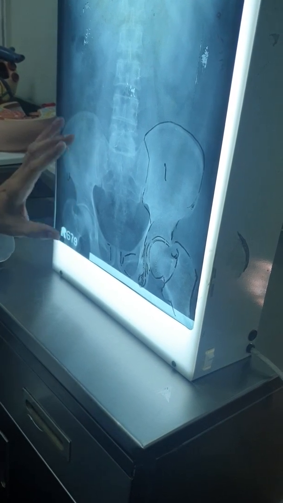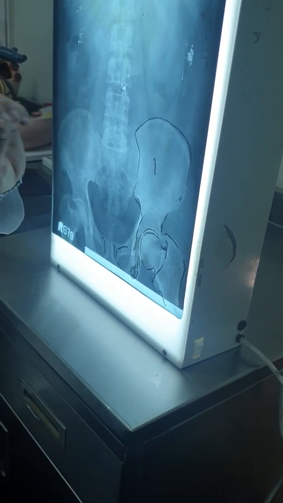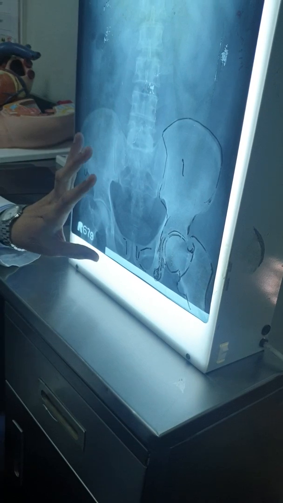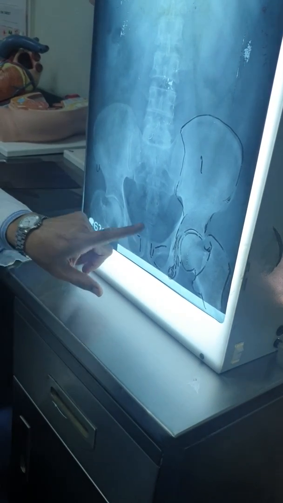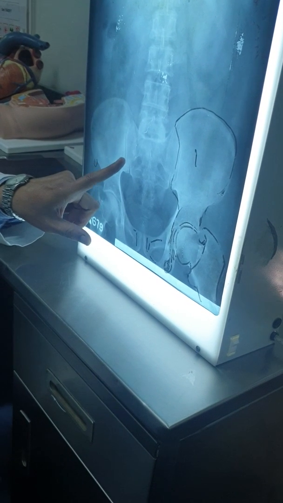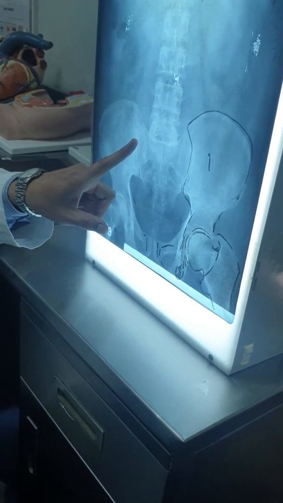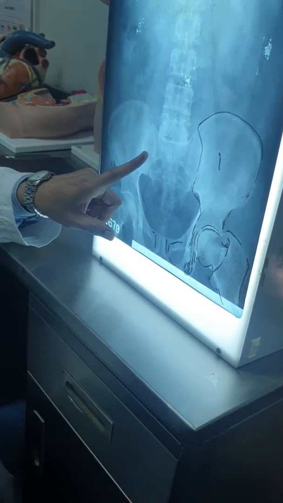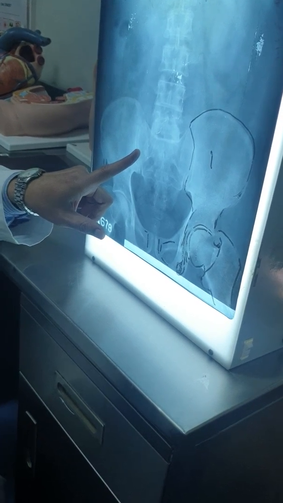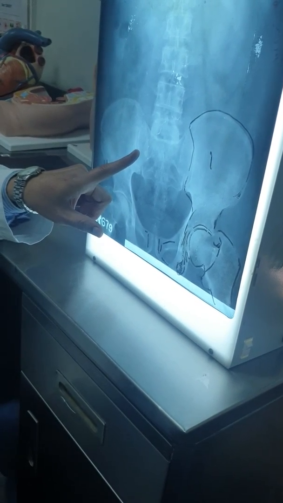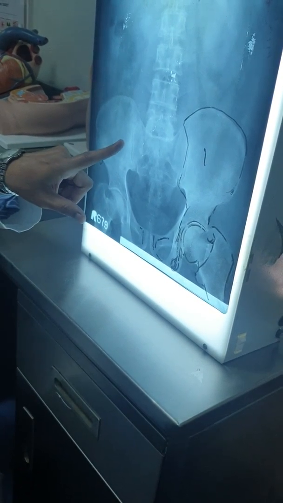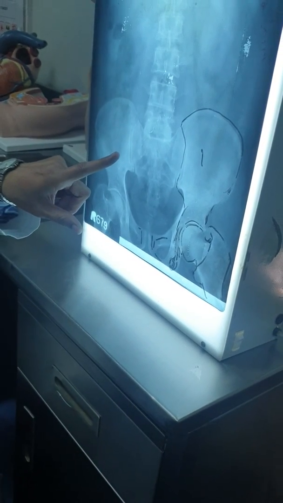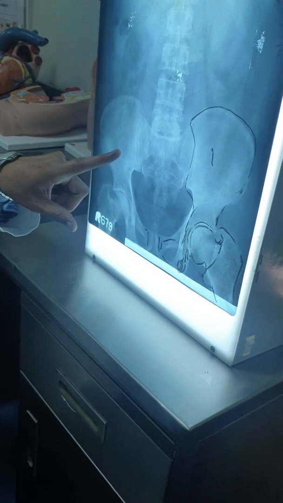So here, lumbar vertebrae, intervertebral disc, sacrum, coccyx, and then this joint called the sacroiliac joint, between the sacrum and the ilium of the hip bone.